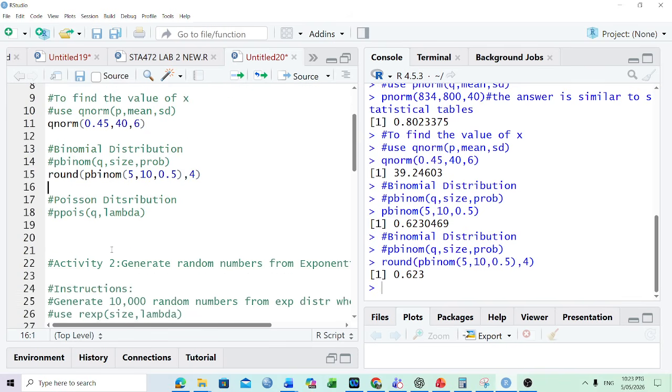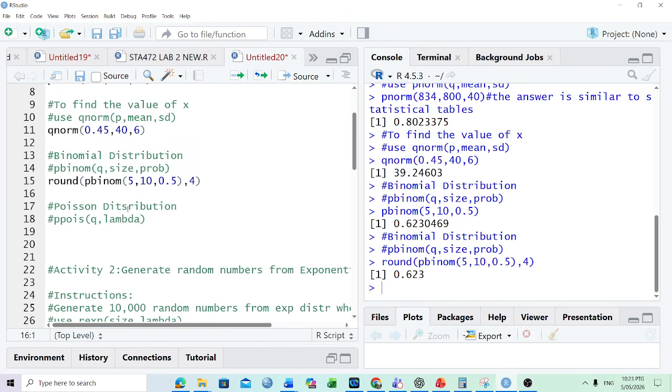And for Poisson distributions, we use ppois. In brackets, you need to have q, whereby again q is the x value, and the lambda value in order to find the probability coming from the Poisson.